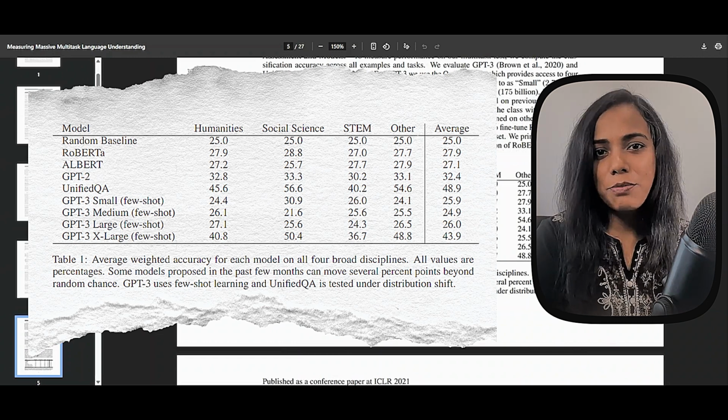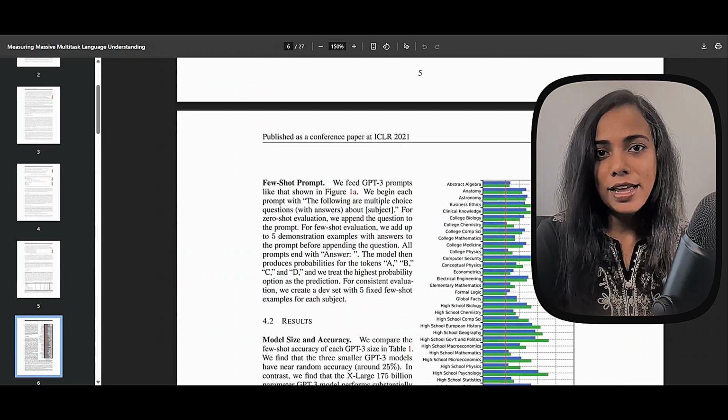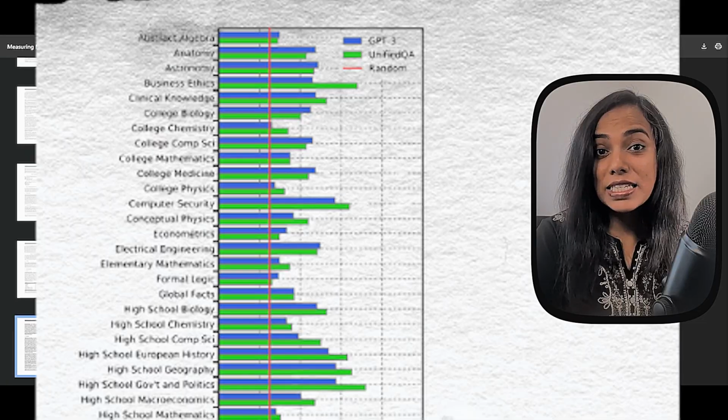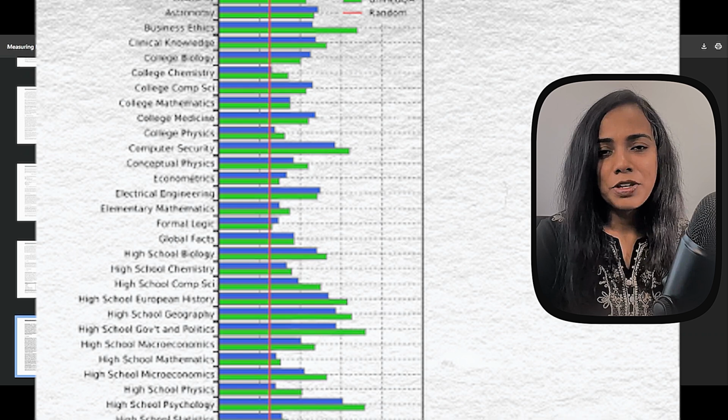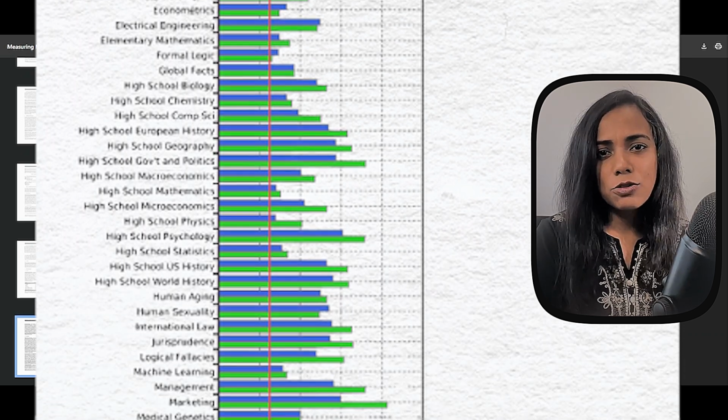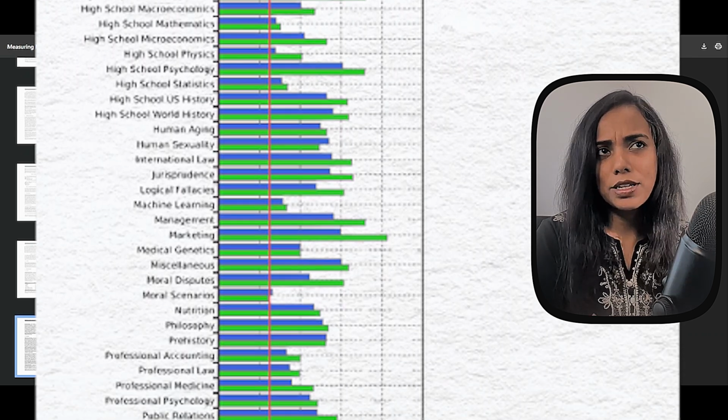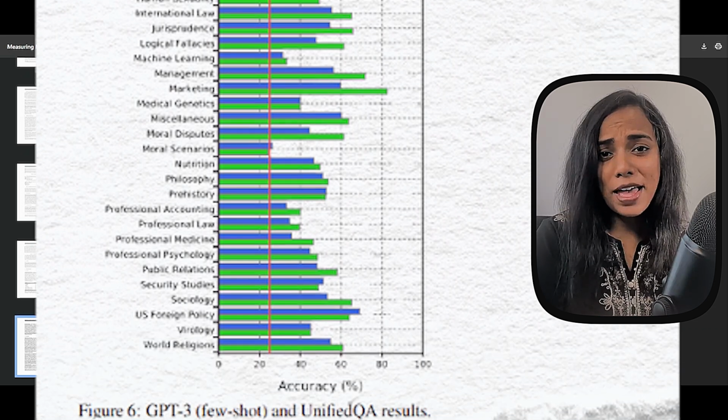So it's a comprehensive benchmark that's created by researchers at UC Berkeley and OpenAI and covers 57 diverse subject areas, ranging from humanities, social sciences, and STEM topics like biology, physics, math, law, and even philosophy. It basically asks, does your AI genuinely understand concepts across different fields, or is it just recalling surface level facts?